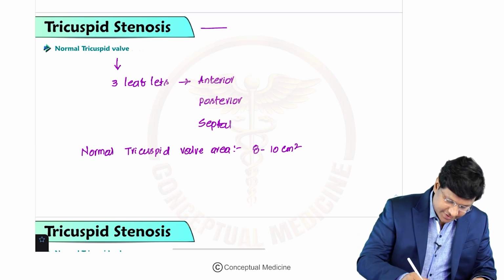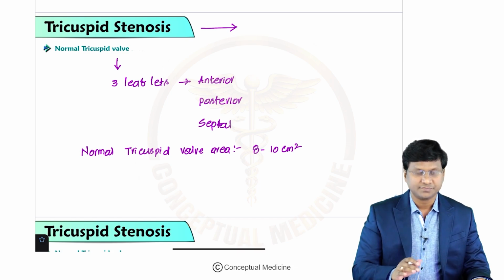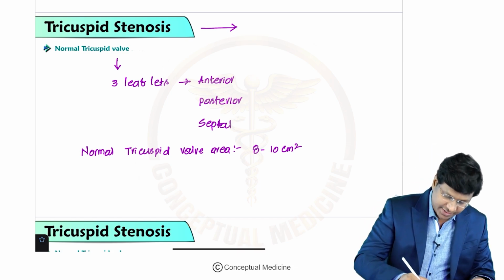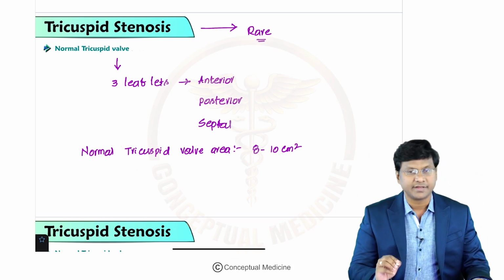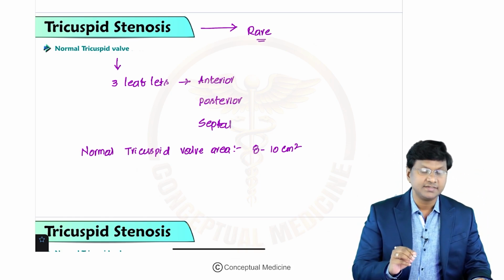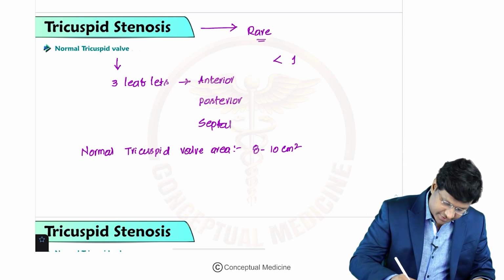And among the various valvular heart diseases, tricuspid stenosis is a rare entity. It is seen in less than 1% of the population in developing countries.